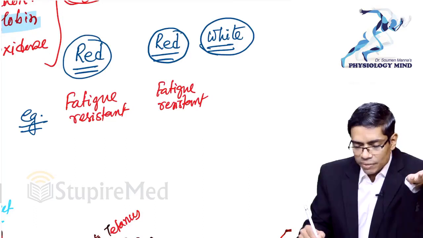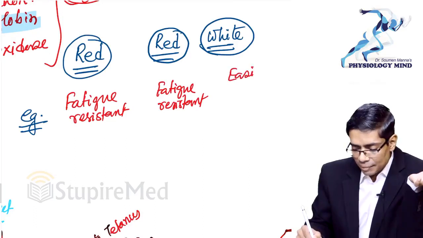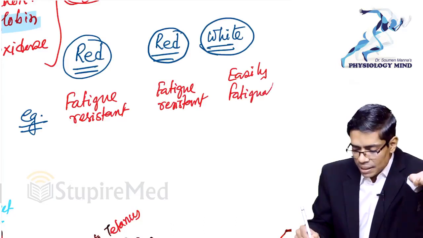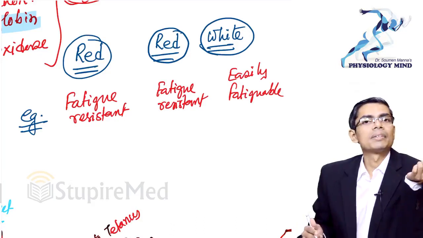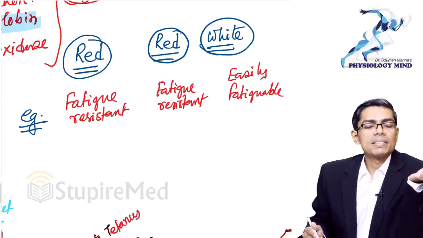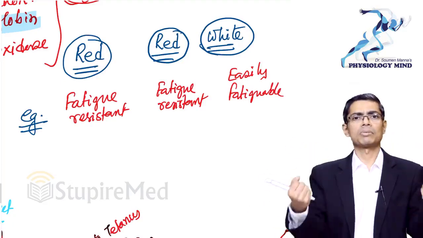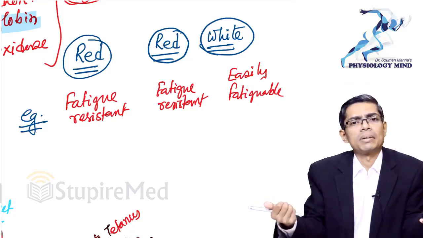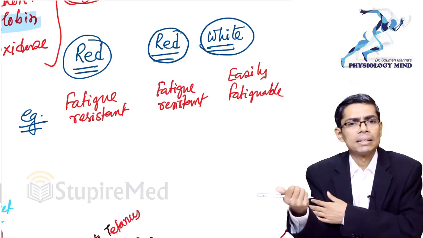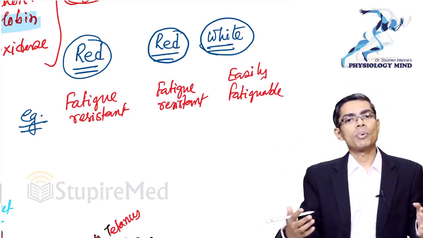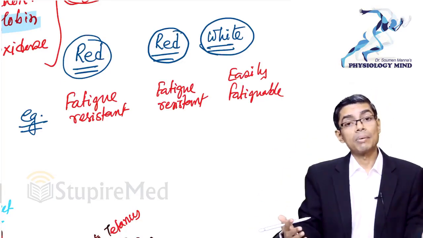And the white type of fiber, they are easily fatigable muscle fiber. So think, which muscles get easily fatigued? If you exercise or gym with this muscle for 2 hours, 3 hours, obviously the muscle will be fatigued. But look at your muscles in the back. You can maintain your posture without fatigue for hours.